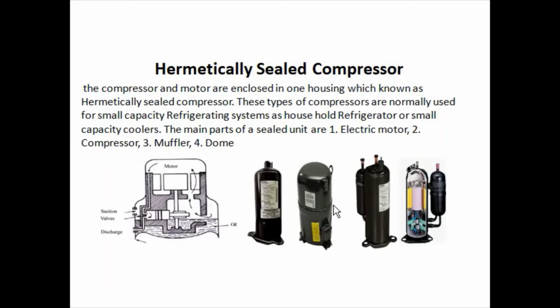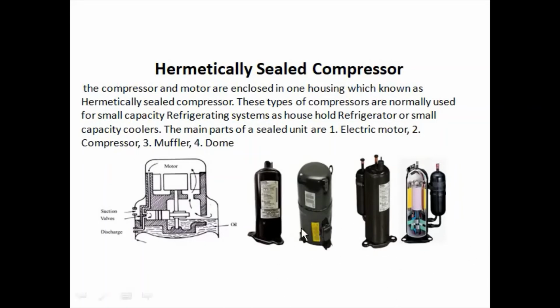A compressor which is not hermetic, like this one, as you see, is a semi-hermetic compressor. In an ordinary compressor, the crankshaft extends through the compressor's housing and is connected to the driving motor.